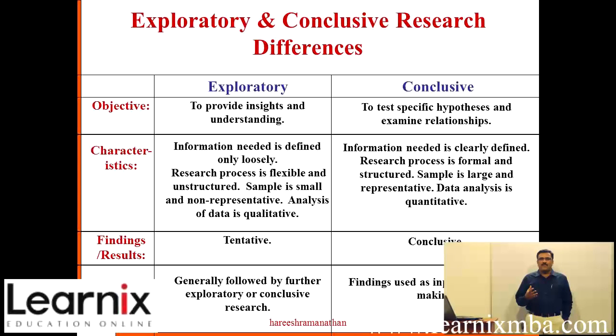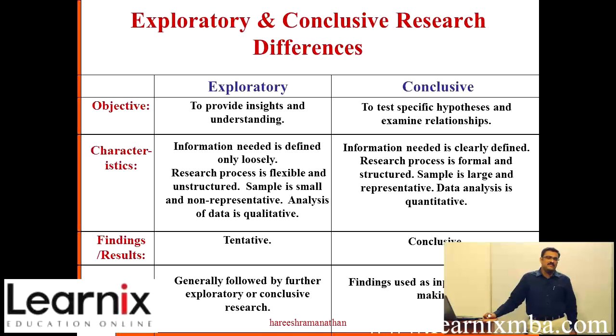That is because we don't have a definite way of doing such things. But the characteristics of a conclusive research design are that it is more formal and structured, a large or representative sample size may be needed, and the data analysis we adopt is quantitative.